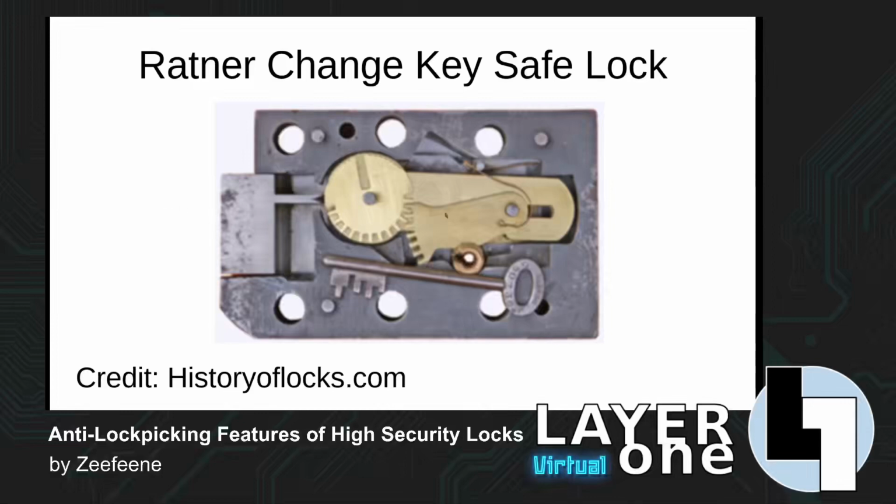Lifting the lever causes the gear to turn, and the correct key causes the levers to lift to the correct heights, turning the gears the correct amount. However, what's interesting is that when the bolt moves inwards, it also disconnects the levers from the wheels. And so every time you unlock the lock, it zeroes itself, and it will then key itself to whichever key you use to lock it back up again.